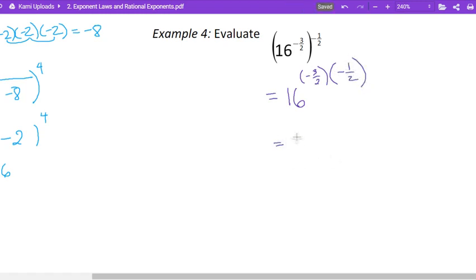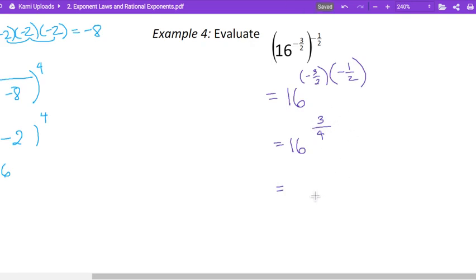Ooh. So I get 16, and multiply, it means multiply the numerators. 3 times 1 is 3. 2 times 2 is 4. Negative times negative is positive. So I clear the negatives that way.